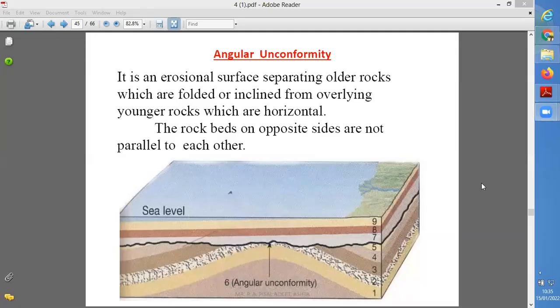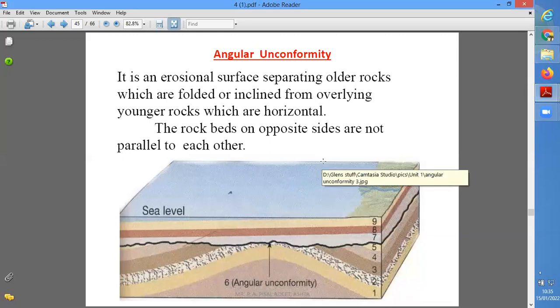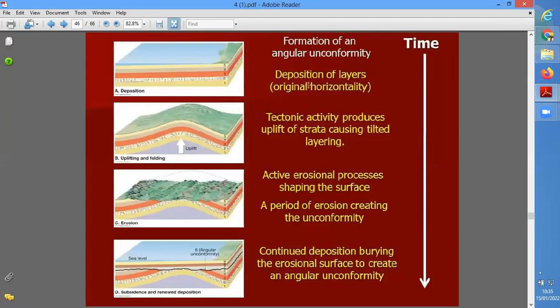Have you understood how the angular unconformity is formed? Now in this picture you can clearly see the angular unconformity. Here I have explained the process of formation of unconformity.